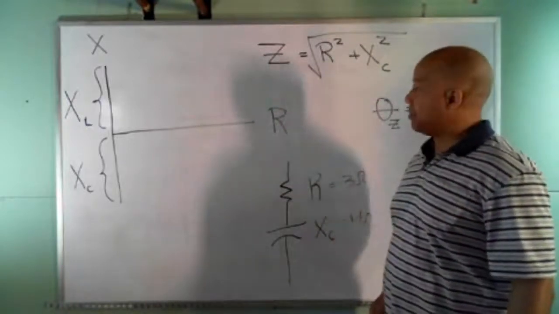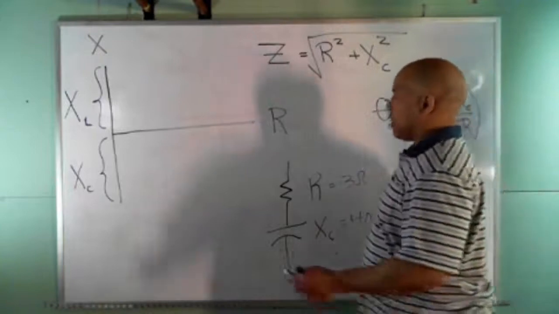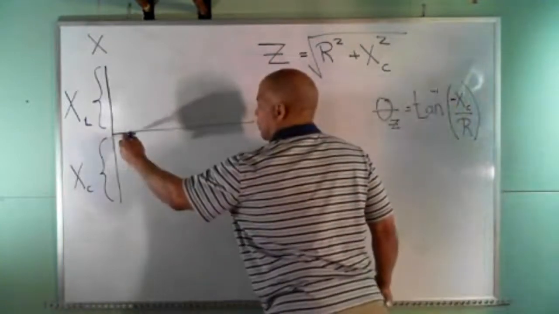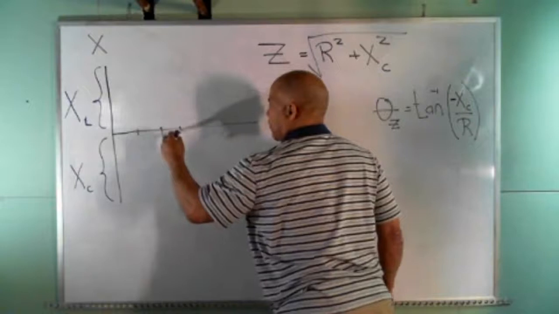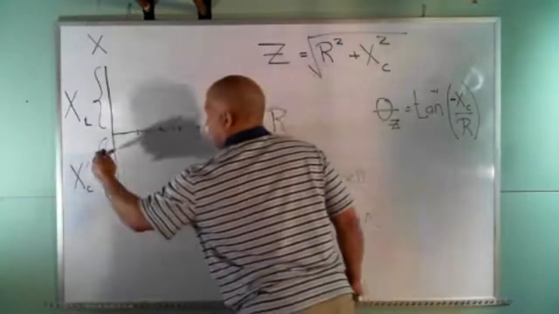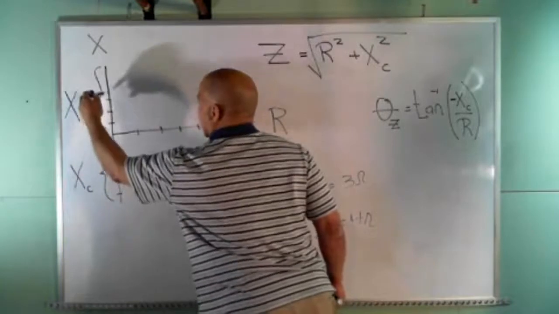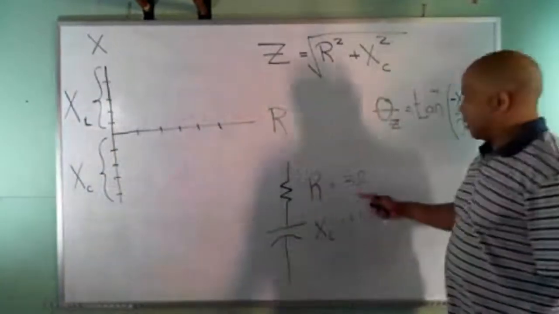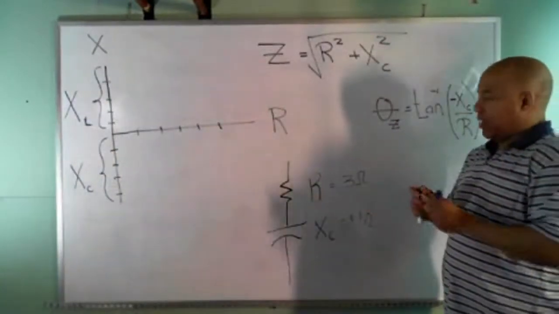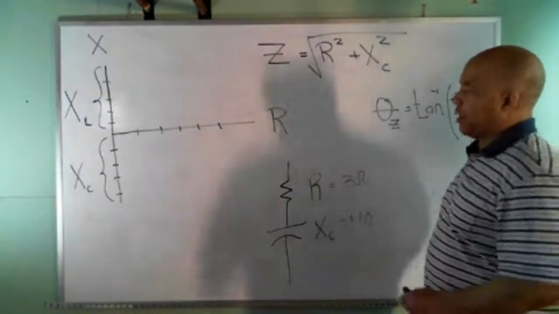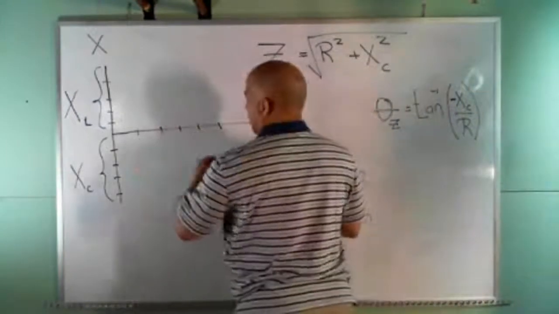R and X is impedance. So what I would do is I would go over, let me put some tick marks here. So this means I'm going to go over 3 units on the R axis. So I'll come over here, 3 units. Put a dot right here.